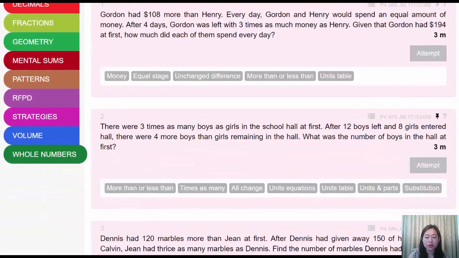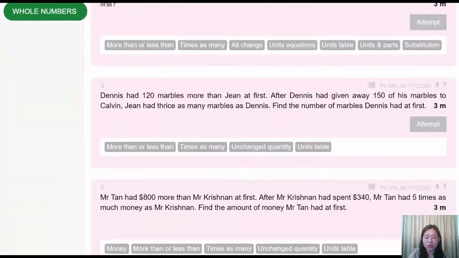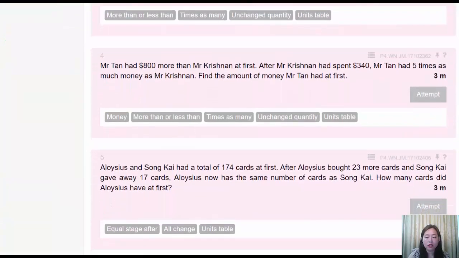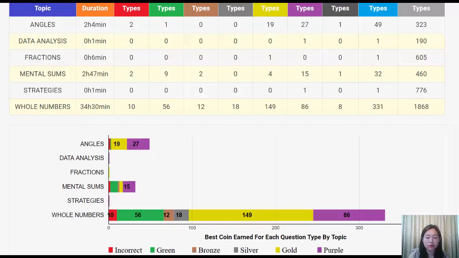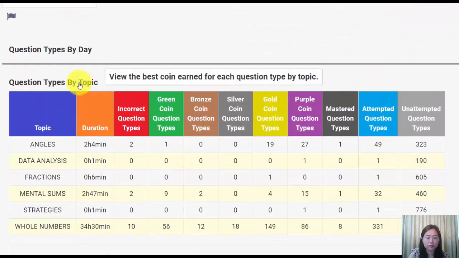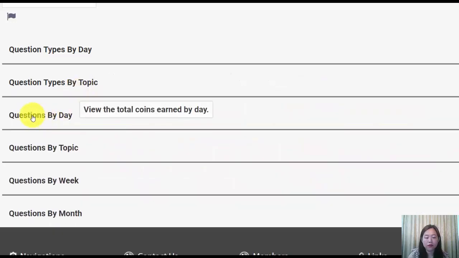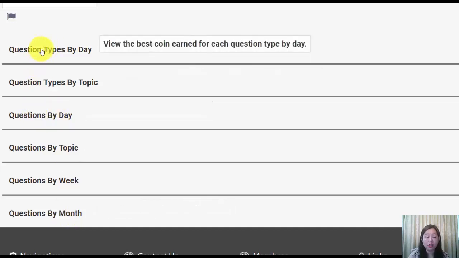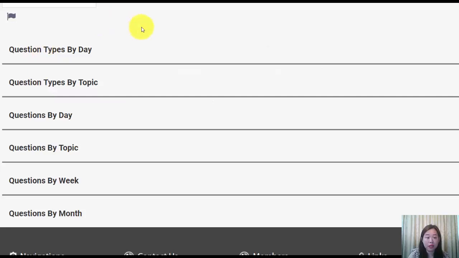You can practice those that you got wrong, and questions with a pink background mean that the question has never been attempted correctly before. And now you have the question by day, topic, week, and month. The difference is that question type are those master questions that you click the attempt button for, whereas this counts the total number of questions you have attempted.